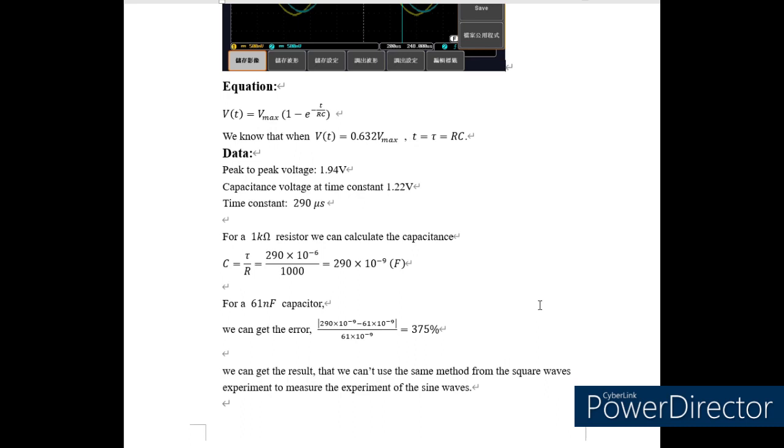And this is quite obvious, as the solution of the ODE when the AC source is a sine wave is not an exponential function. So there should be nothing to do with the value 63.2%. So the error is very big.